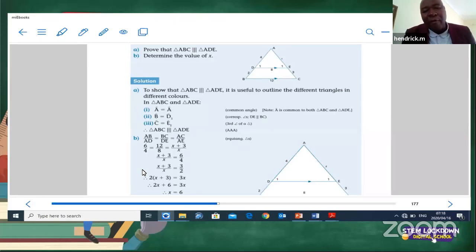AC is made up of AE plus EC. AE is given as X and EC is 3. That is why you have X plus 3, divided by AE, and the value of AE there is unknown, which is X. Then you can simplify your equation by solving for X.